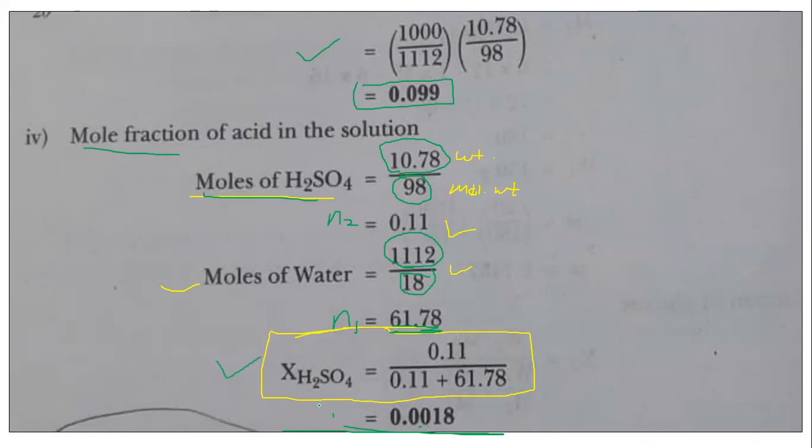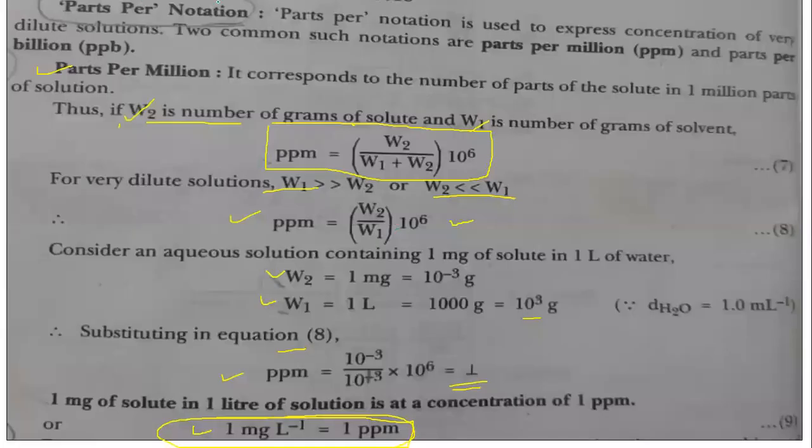Now see, part per notation. You have studied this in FY BSc only: part per million, part per billion, part per thousand, part per hundred. Such notations are there. Very simple. These notations are also used in our day-to-day life to find out the concentration of metal present in water, drinking water.